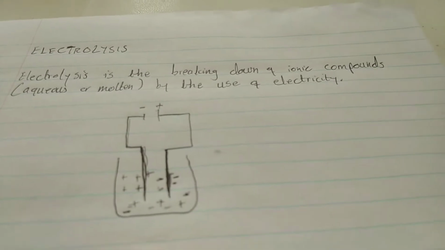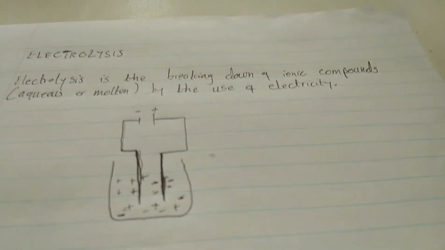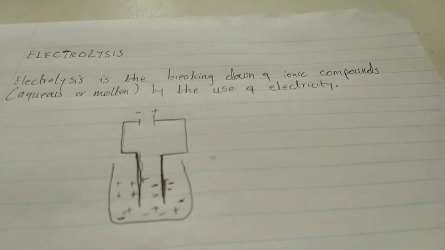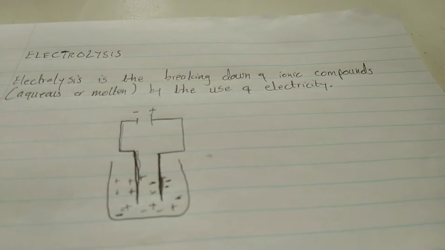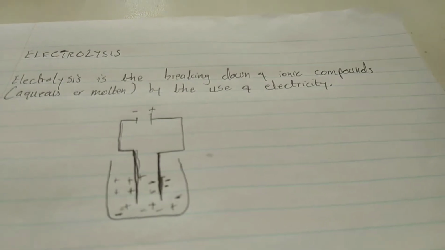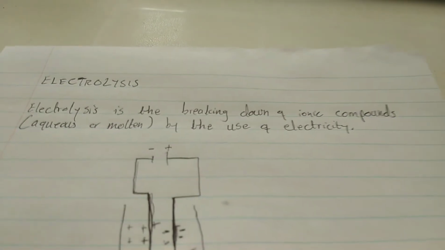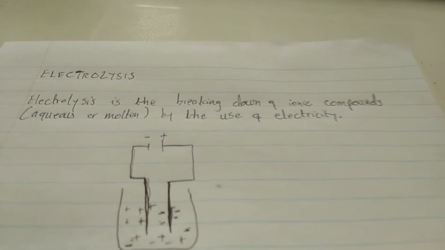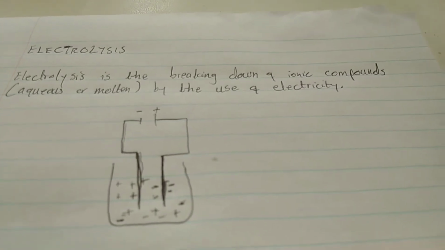Electrolysis is introducing us to electricity in the field of chemistry. It is the only portion in chemistry where we use electricity. So today we will be dealing with electrolysis. Like I have stated, it is the breaking down of ionic compounds.